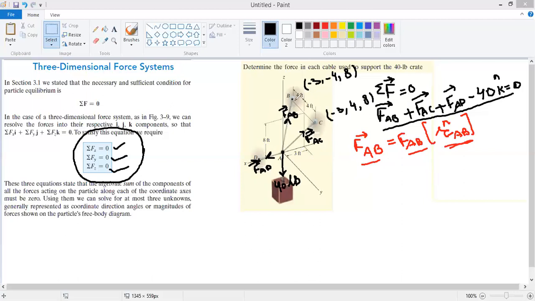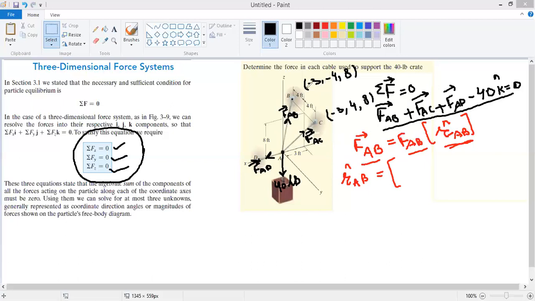Now how can we write this unit vector from A to B? We can simply make use of the distance formula. The RAB unit vector can be written as: first, x coordinate of point B minus x coordinate of point A, plus y coordinate of point B minus y coordinate of point A, plus z component of point B minus z component of point A, whole divided by the magnitude of the vector.